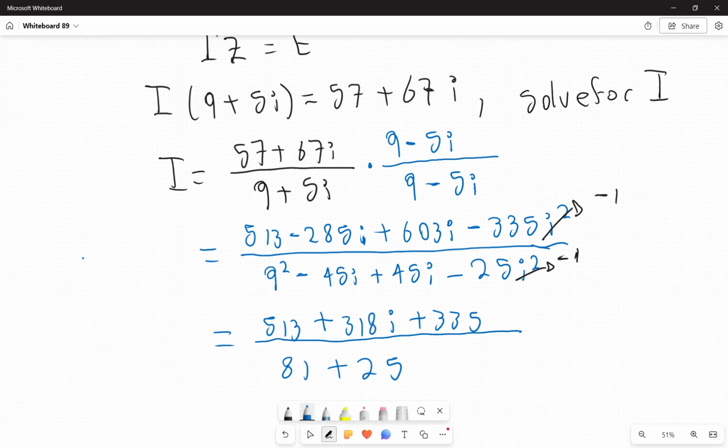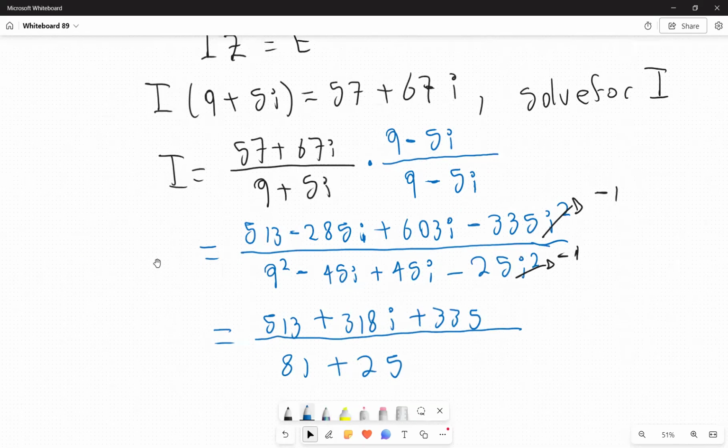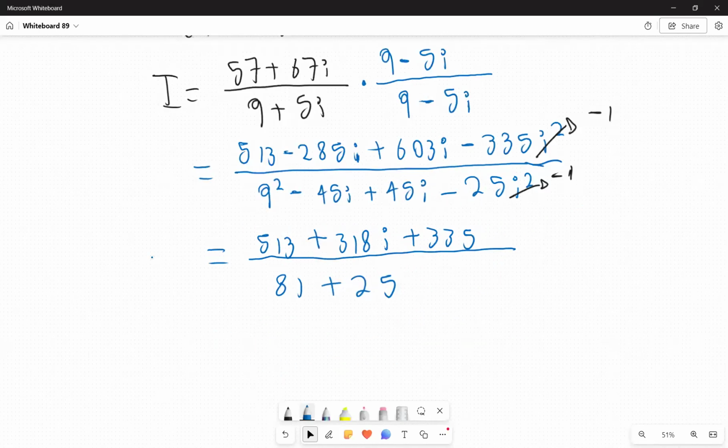Okay, we're almost there. 513 plus 335 is 848, and 81 plus 25 is 106. So now we can separate the real part and the imaginary part.